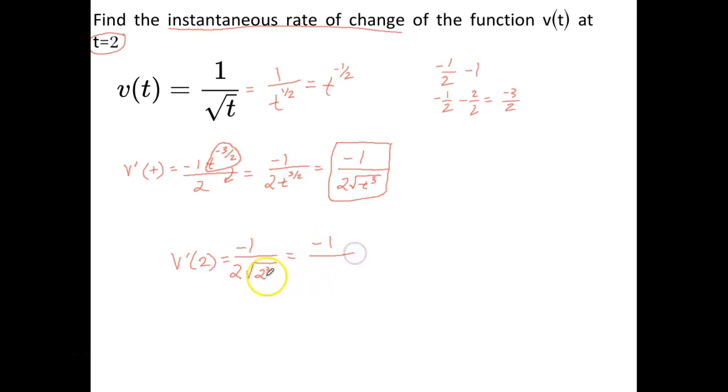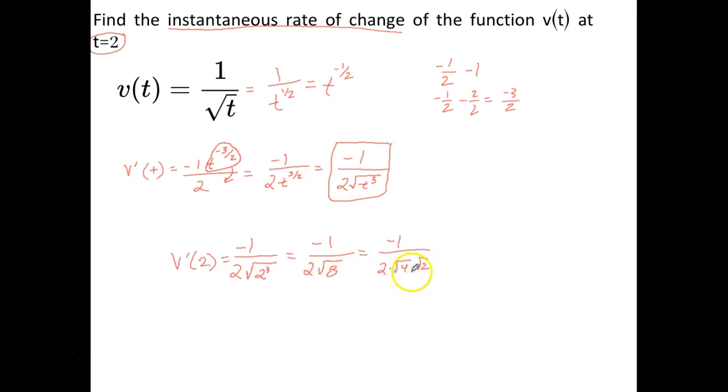Negative 1 over 2 cubed is 8. So 2 square root of 8. Well, this is not going to be a nice number because I don't know what the square root of 8 is. But I can break this up. So we're going back to your middle school math here. 2 times square root of 4 times square root of 2.